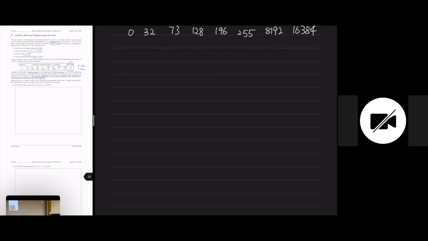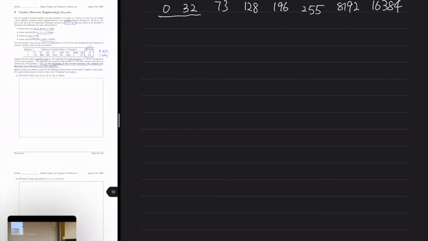If we have a block size of 8, 16, or 32, there would be no hits. For 64 bytes, we would possibly have this 32 be a hit, and then a hit here.